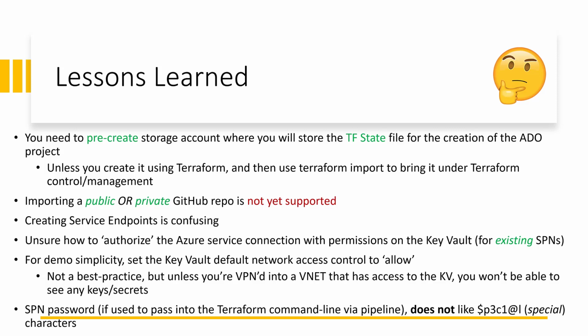Another lesson learned was that you cannot import a public or private GitHub repo yet. It's not yet supported. Originally, I thought it was not supported just for private repos. But again, I took my public repo after I finished testing my code and everything was good. I made it public and I still could not import it.